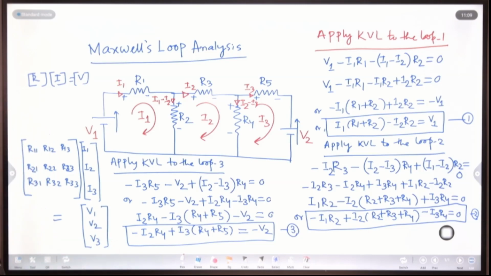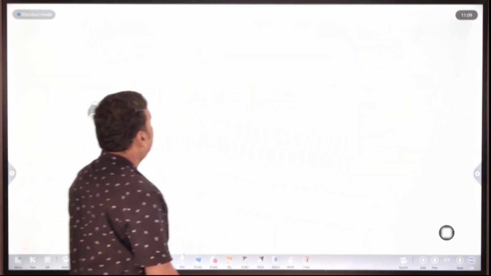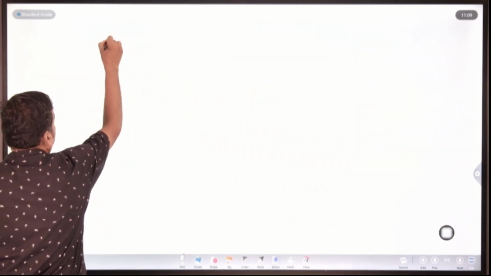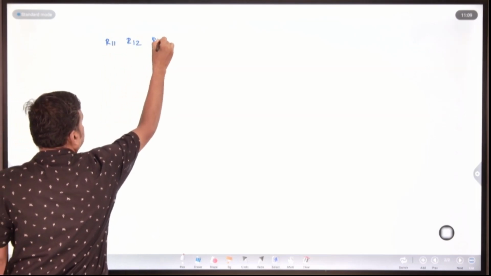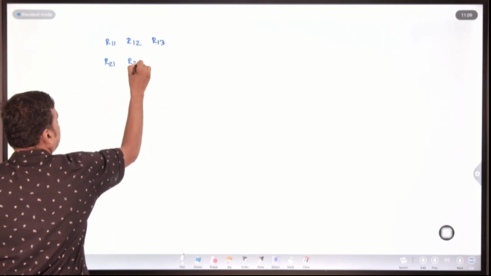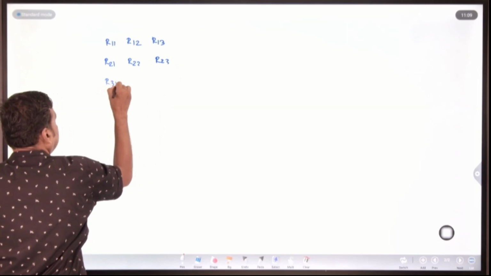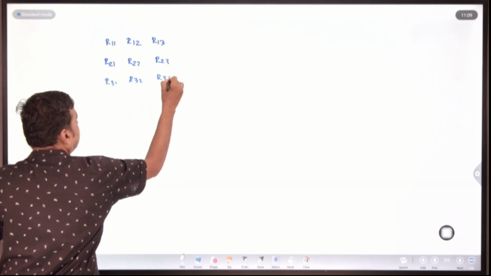Are you getting it or not? So this is your R11, R12, R13 from the previous slide, R21, R22, R23, R31, R32, R33.